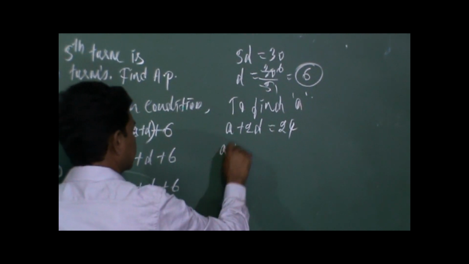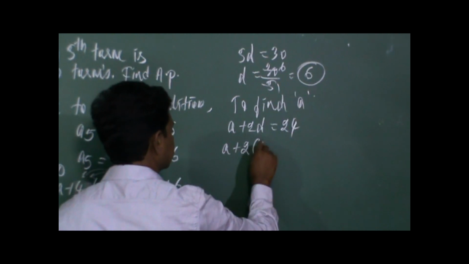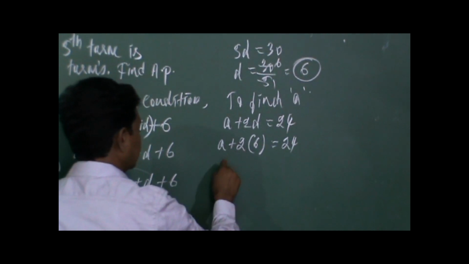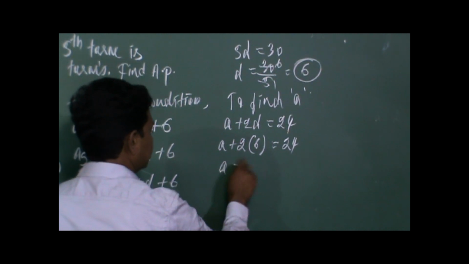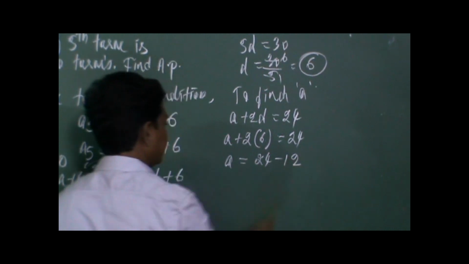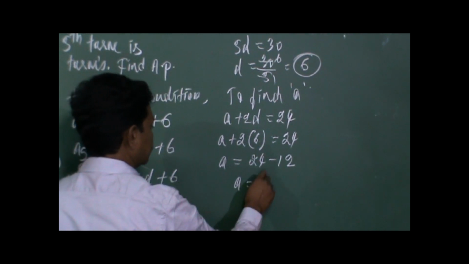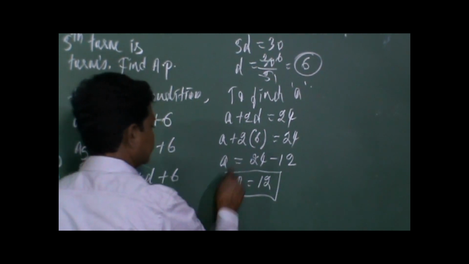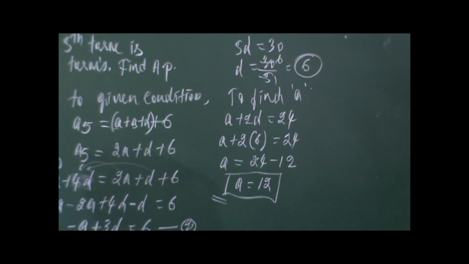So A plus 2 into 6 is equal to 24. So A is equal to 24, two sixes are 12, when transposed it is minus 12. So A is equal to 24 minus 12, which is 12. So we have the value of A also.